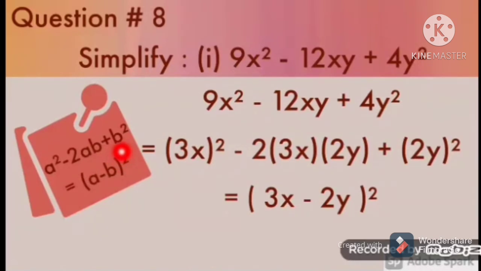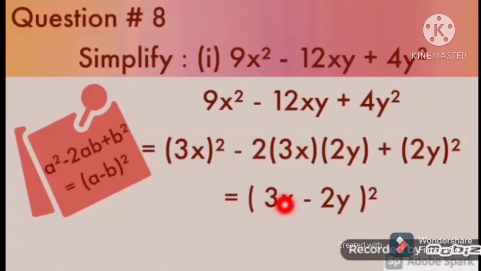So now we will apply the identity. a square minus 2ab plus b square is equal to a minus b whole square. So using the identity, this will be equal to a minus b whole square.